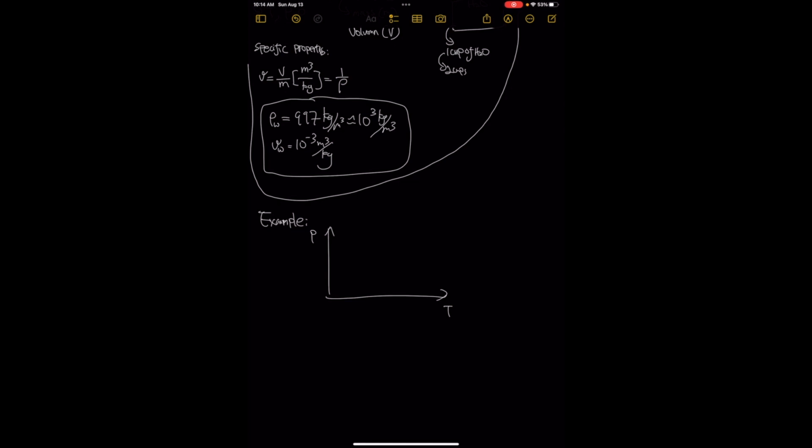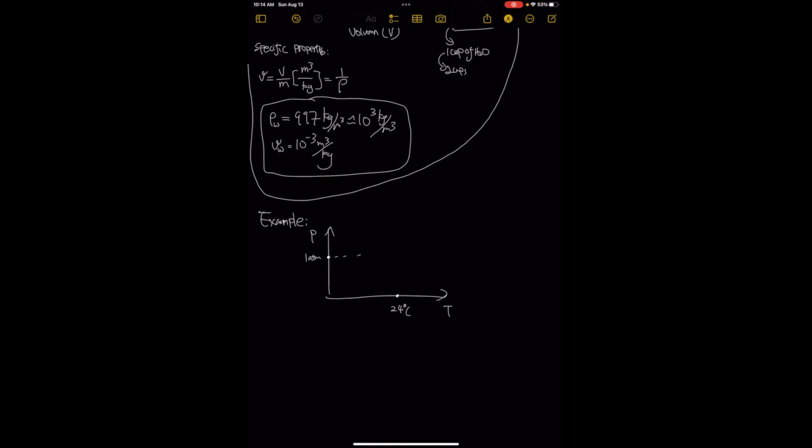And you need to know two things. What is the typical room temperature? It should be somewhere around 24 degrees Celsius, right? How about the pressure? It should be 1 atmosphere pressure, right?